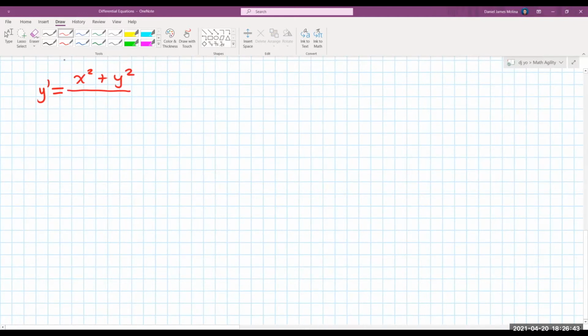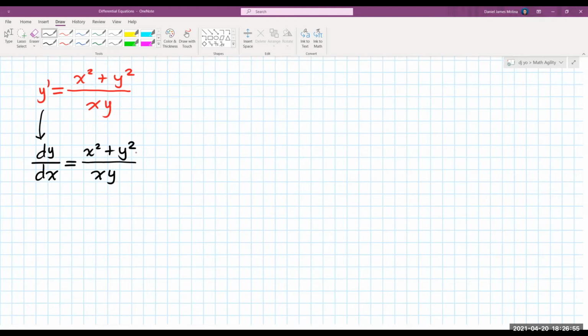So we can rewrite it as dy over dx, and we can prove that this equation is not variable separable. Okay, so since it's not variable separable, we can use other methods.